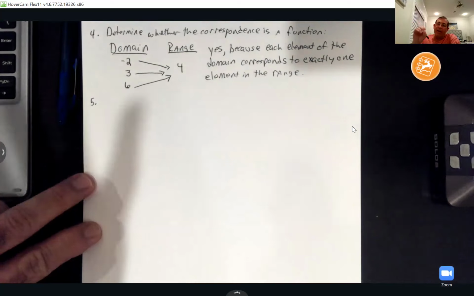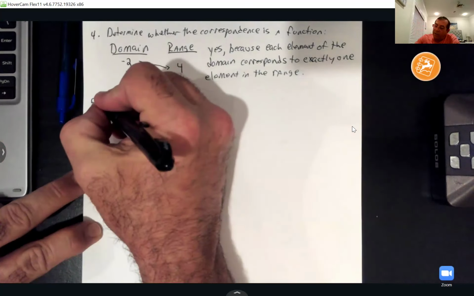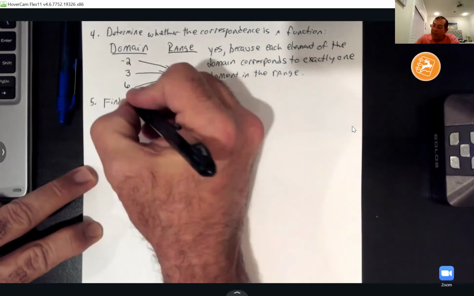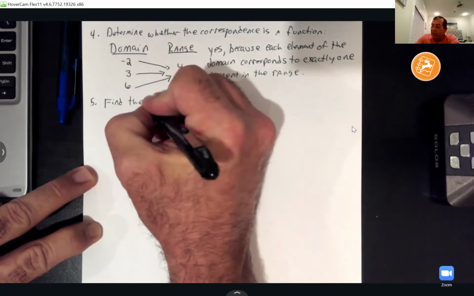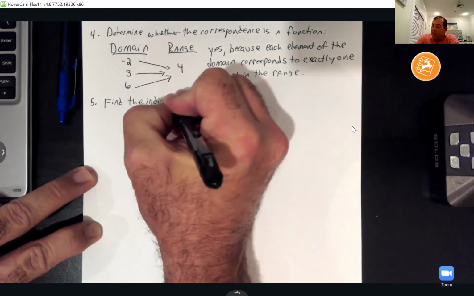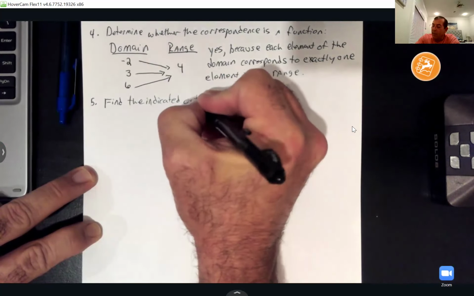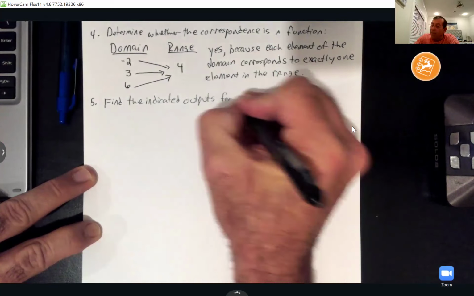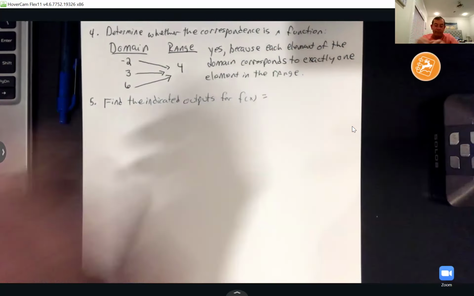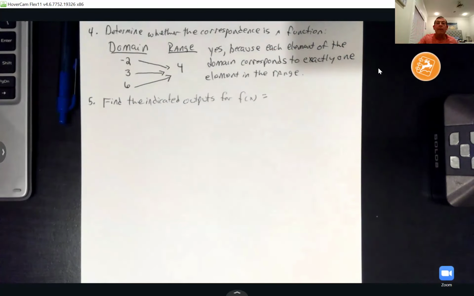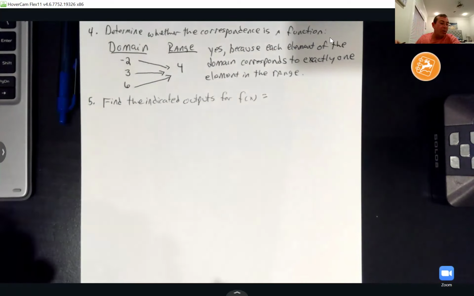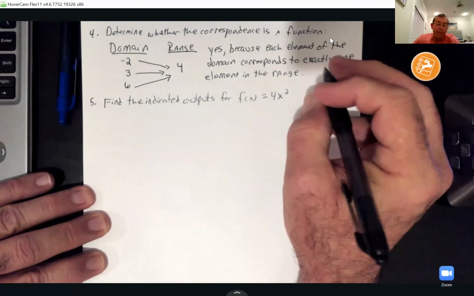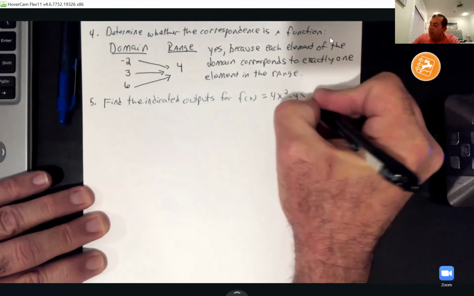All right, then we started finding function values. So 5 says find the indicated outputs for f of x equals 4x squared minus 4x.